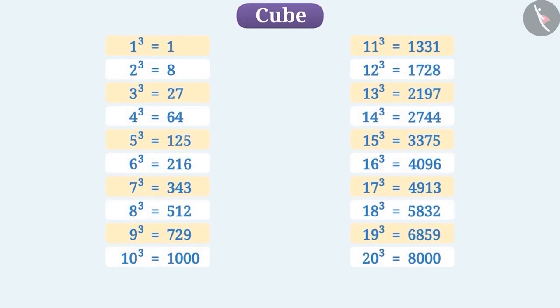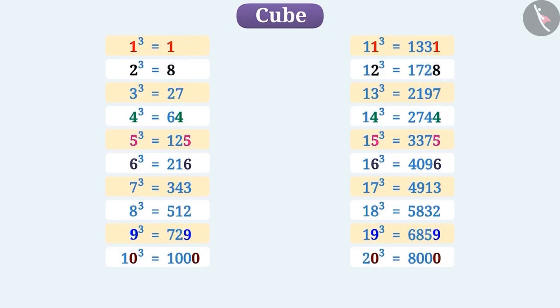Similarly, you can also see that if the digit in the units place of a number is 0, 1, 4, 5, 6 or 9, then the digit in the units place of its cube is also the same. If the digit in the units place of the number is 2, then the digit in the units place of its cube is 8.